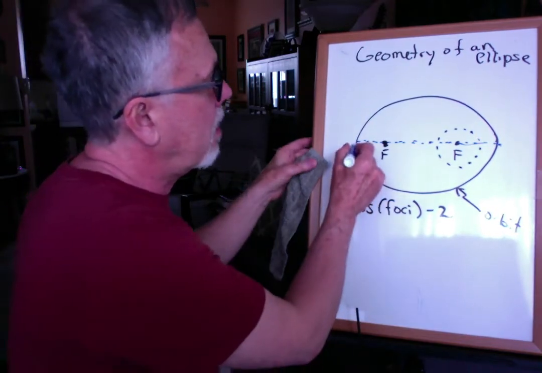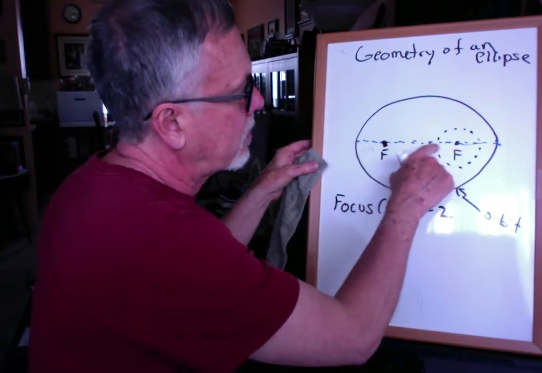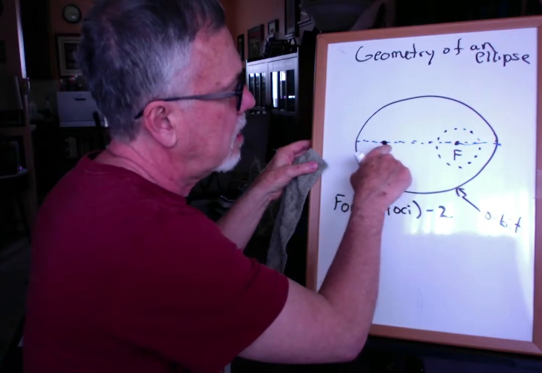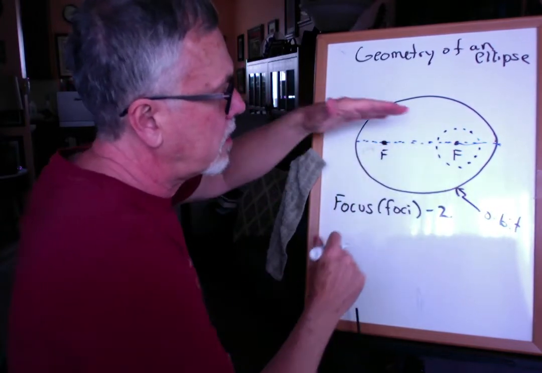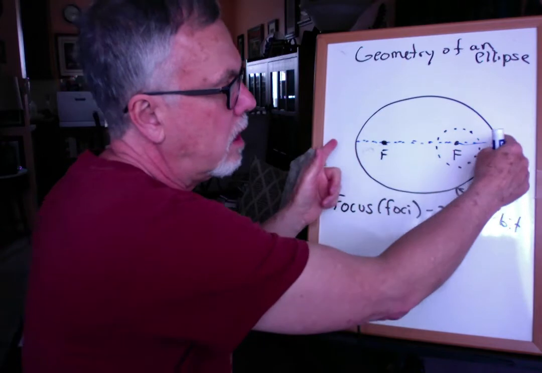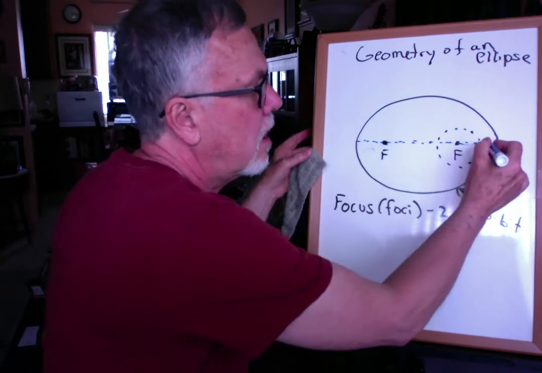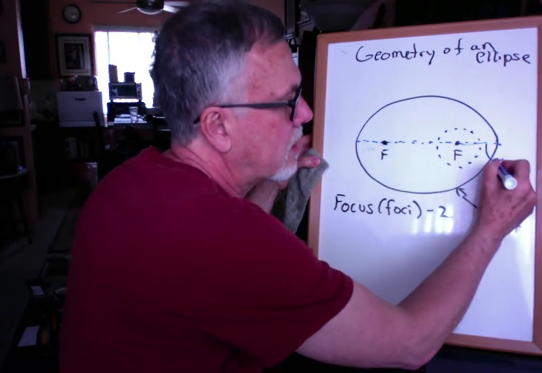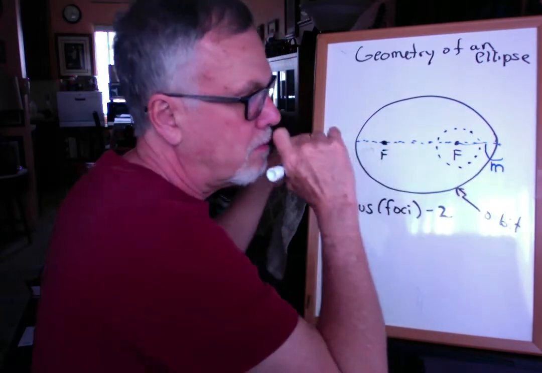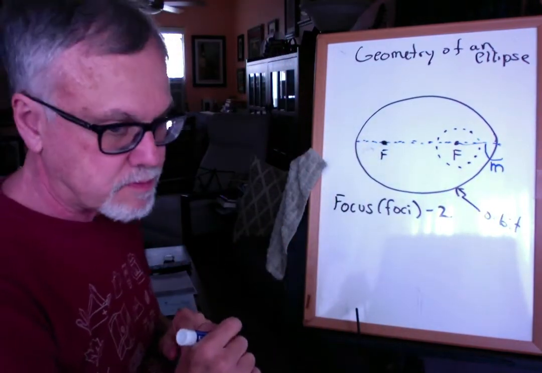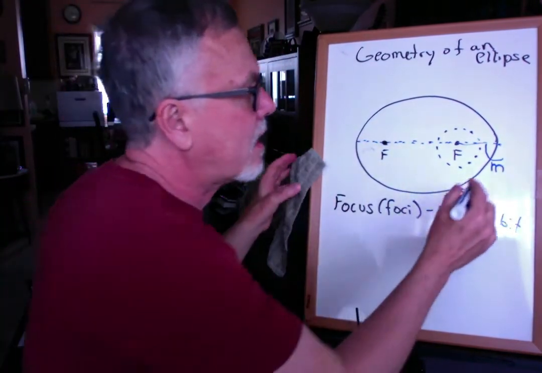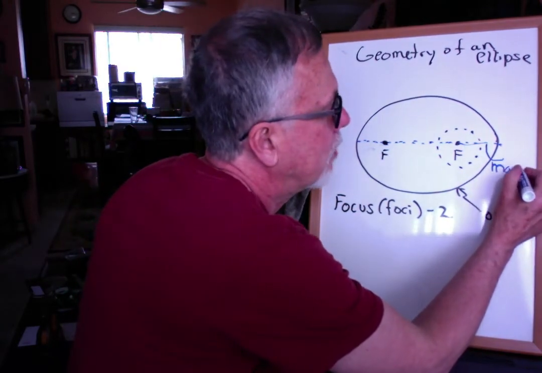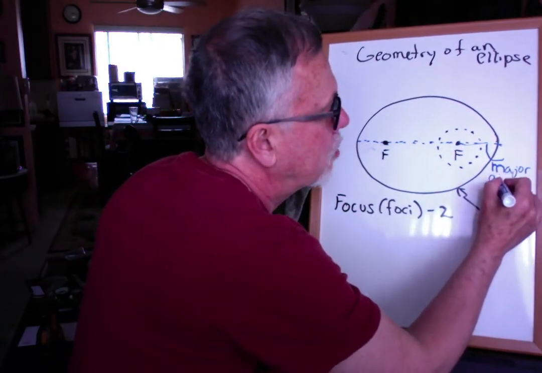And what that line does, number one, it passes through both foci. And number two, it cuts it into two equal halves along the long axis. And we call that long axis the major axis.